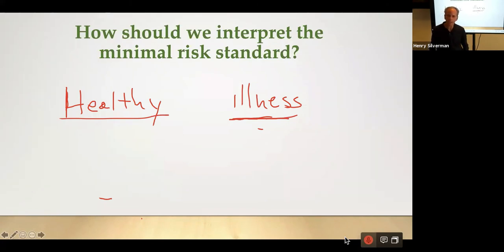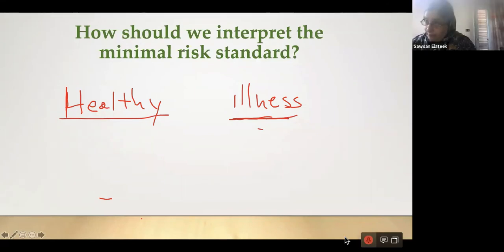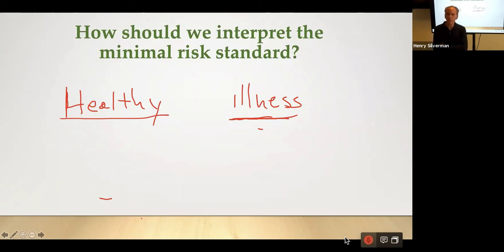I'm not talking about how we weigh or balance risk and benefits. I'm talking about trying to determine whether a research protocol could be categorized as being minimal risk. Now, I explained in a previous slide why we want to have a standard of minimal risk. It determines when we waive.